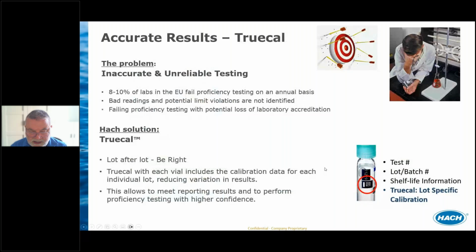What is TrueCal? And what are the benefits of a TrueCal function? 8 to 10% of laboratories encounter frequent or occasional difficulties during their quality process due to erroneous quality control measurement results.